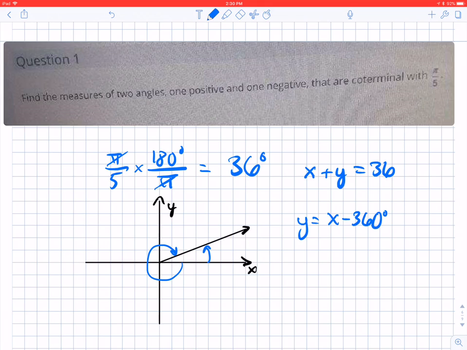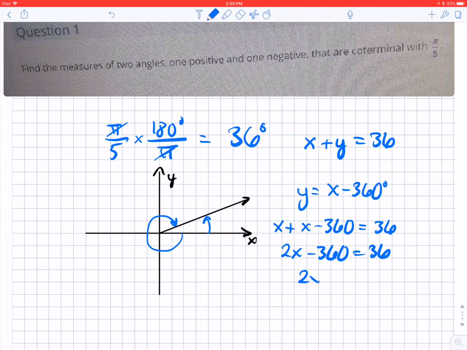So x plus y, where y is x minus 360, we want that to total 36. So we'll have 2x minus 360 equals 36. That means 2x is, if you add 360, 396.